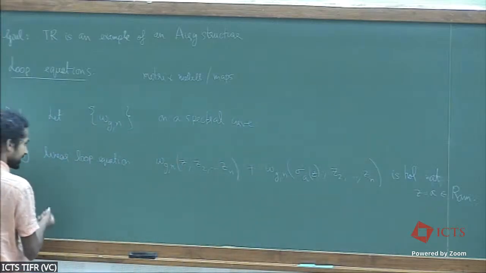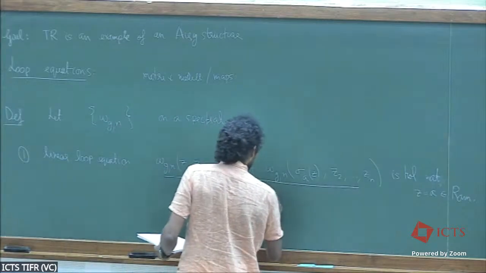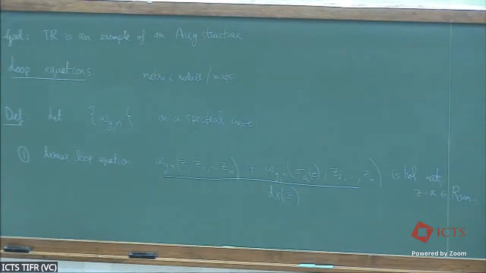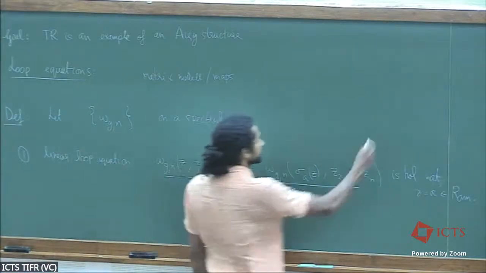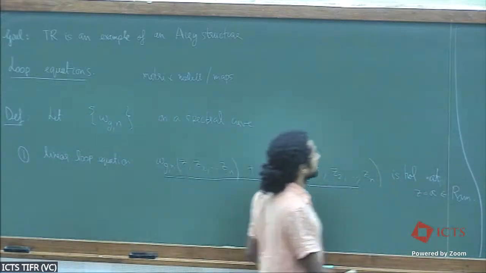This one is a bit uglier. Maybe I should divide by dx of z, so as a function. Let me write the quadratic loop equation here.